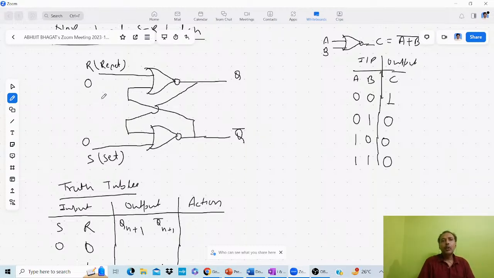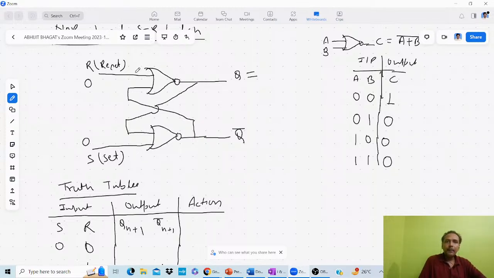Okay. So when S is 0, R is 0, in that case, now suppose, all of you know your Q is what? This is NOR gate.